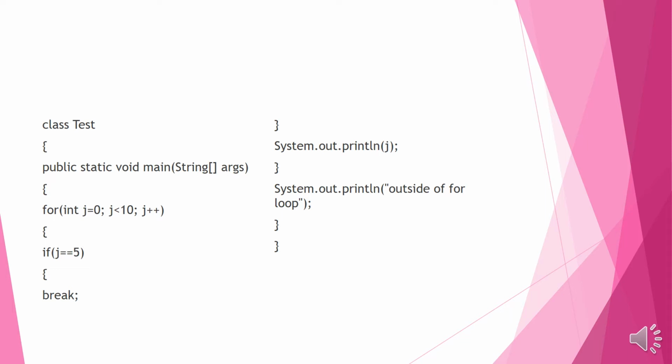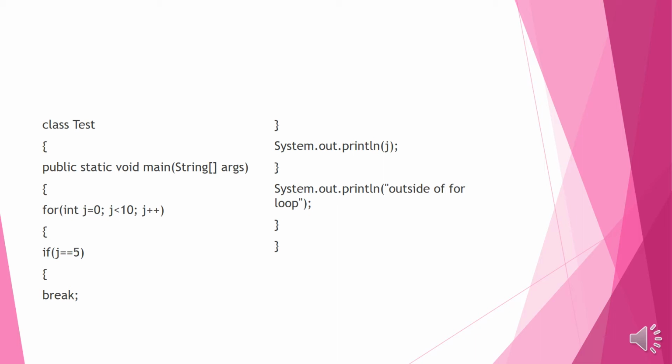Now the value of j is 0, so it is not equivalent to 5, so it will not enter the if and will not break. Till the value of j gets to 5, the loop will be executed again and again, but when j is exactly equivalent to 5, it will enter the if, where there is a break statement, and it will break at that point.